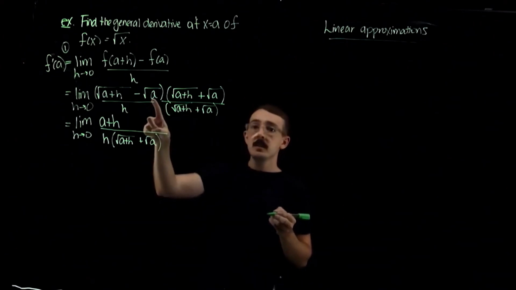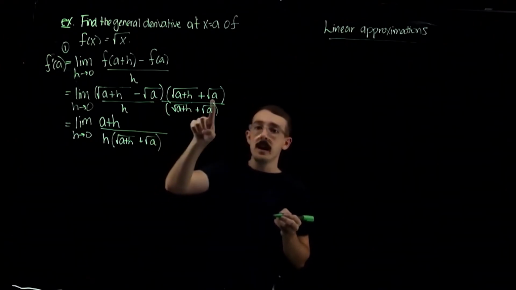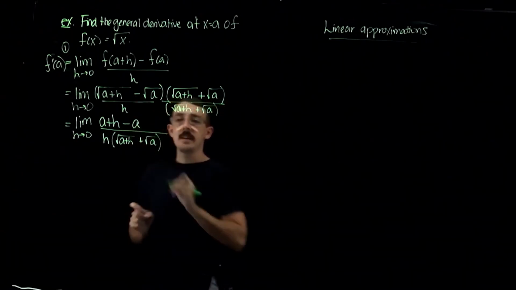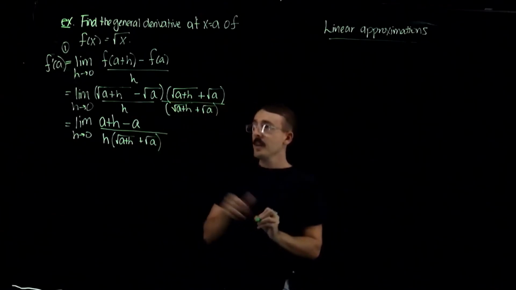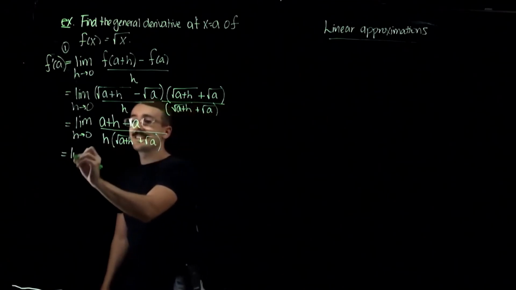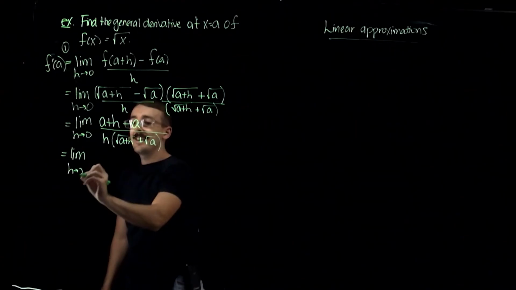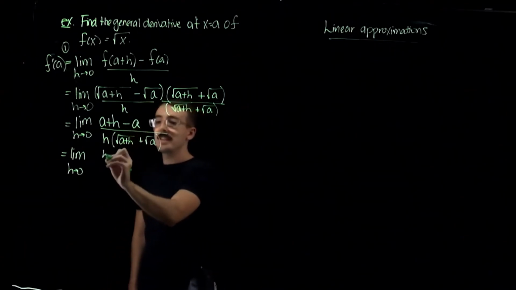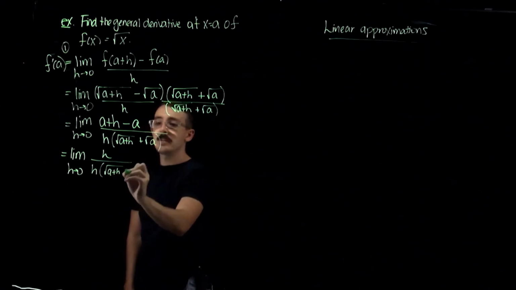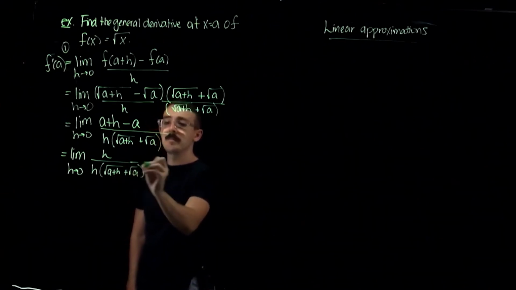And the last two you need to multiply would be root a times root a. And this one has a negative in front of it, so this is minus a. If you simplify this, you have a plus h minus a on top. It just gives you h over h times radical a plus h plus radical a.